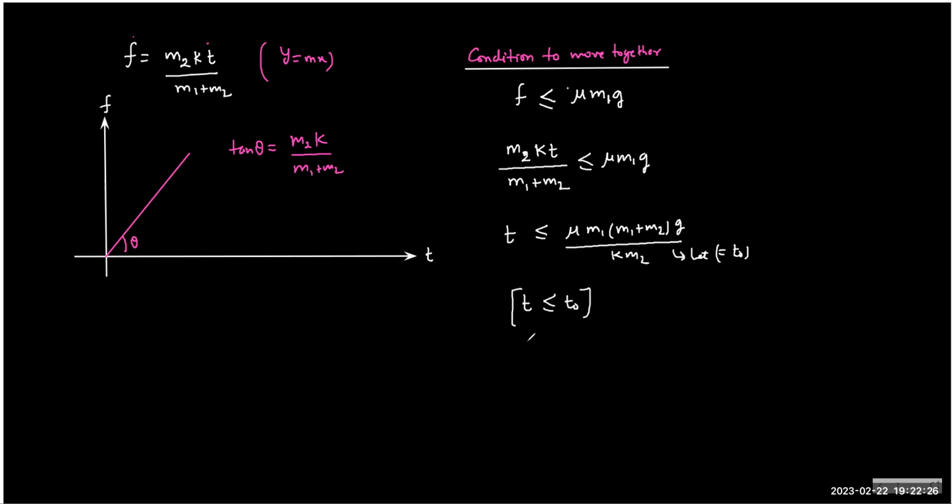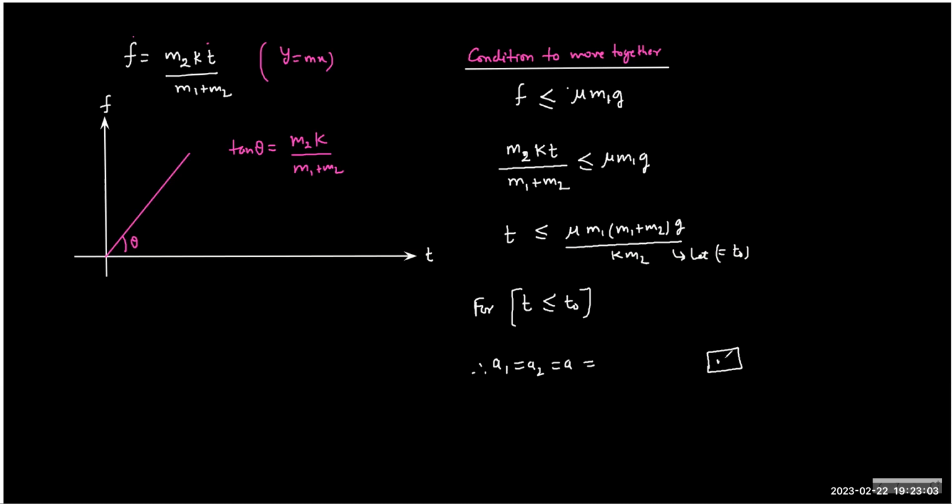And if they move together, then what will be the acceleration? A1 will be the same as A2. So for T less than T naught, A1 and A2 will be equal to A. And because they are moving together, you can treat them as a system.